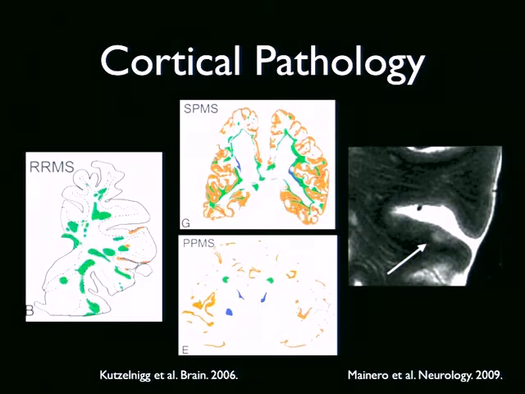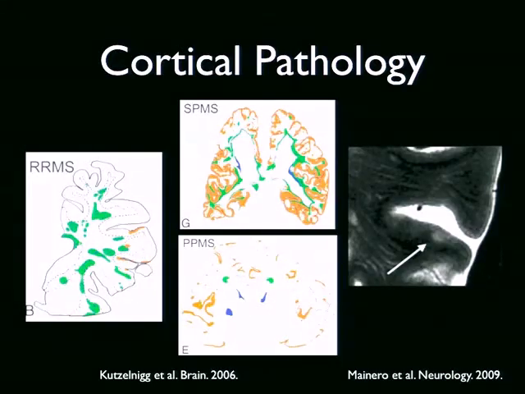It's been known for perhaps 100 years on autopsy studies that the gray matter is involved with multiple sclerosis. On top of the focal demyelination that we see in the white matter, there also is involvement of focal lesions and diffuse involvement of the gray matter.